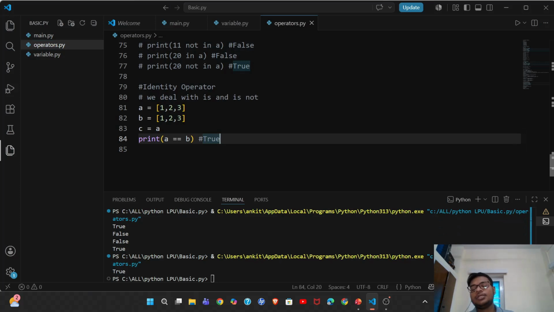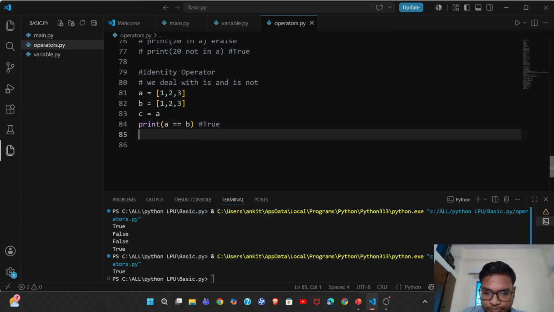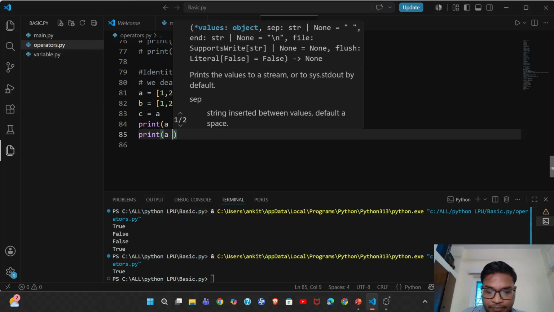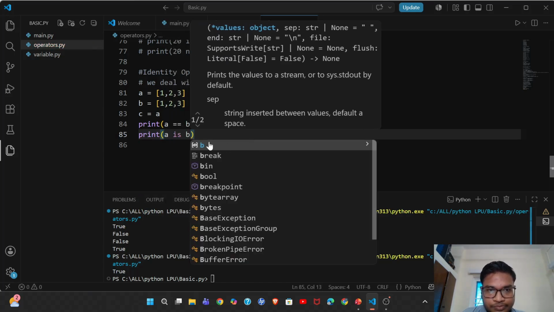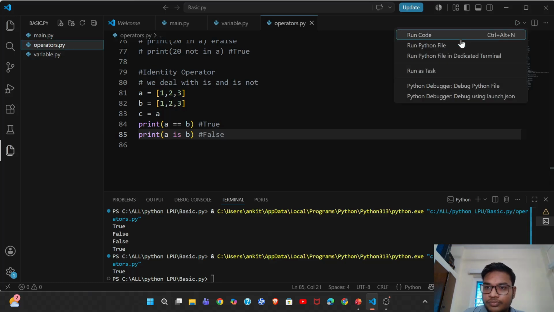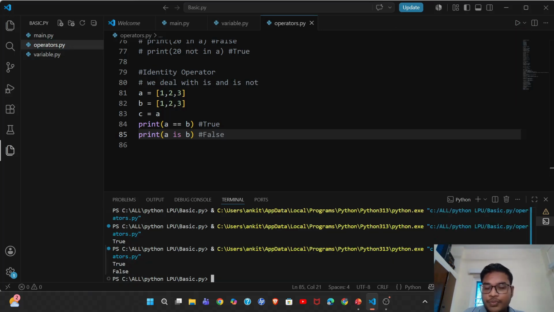But when we use the identity operator, print A is B, the value is false, because these are two different memory locations. Therefore, the value is false.